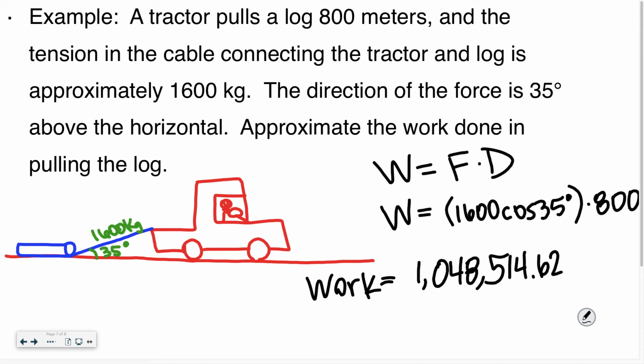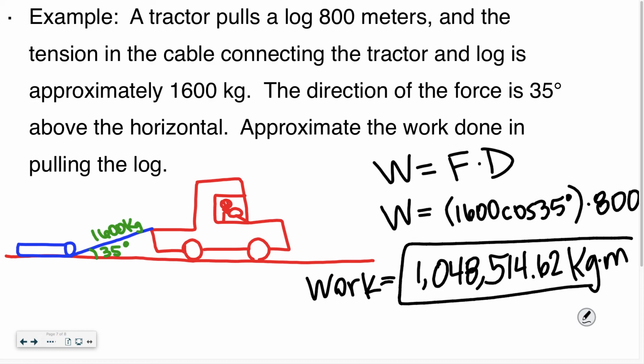We took a force of kilograms and we multiplied it by a distance of meters. So we have kilogram meters. If our force was in pounds and our distance was in feet, we would have what we call foot pounds. You just multiply them together.